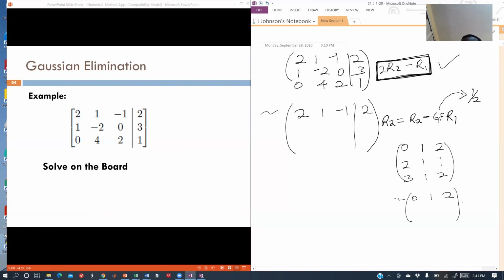What you are going to do is row 2 minus, it is going to be 0 times row 2 minus 2 times row 1. Because I'm swapping the 0 and this guy, I'm going to get 0, 0, 0 minus 2 times row 1, which gives me 0, 2, 4. When you subtract, you're going to have 0, negative 2, negative 4.